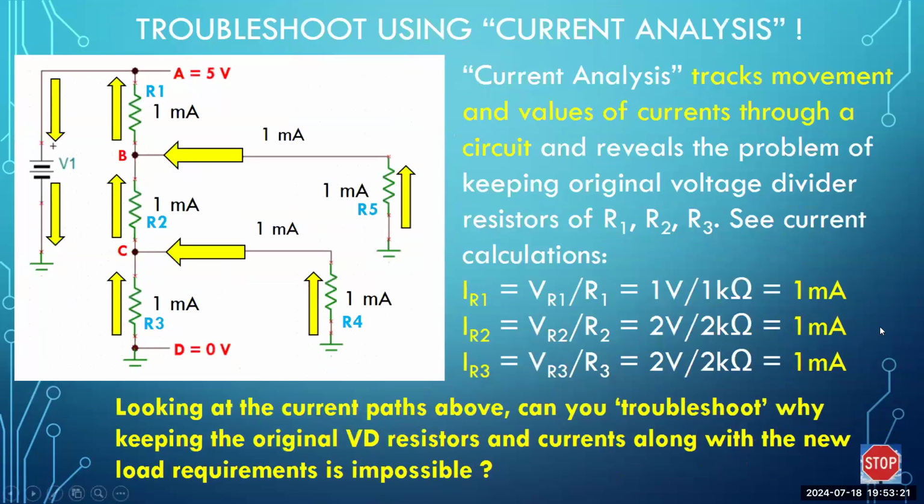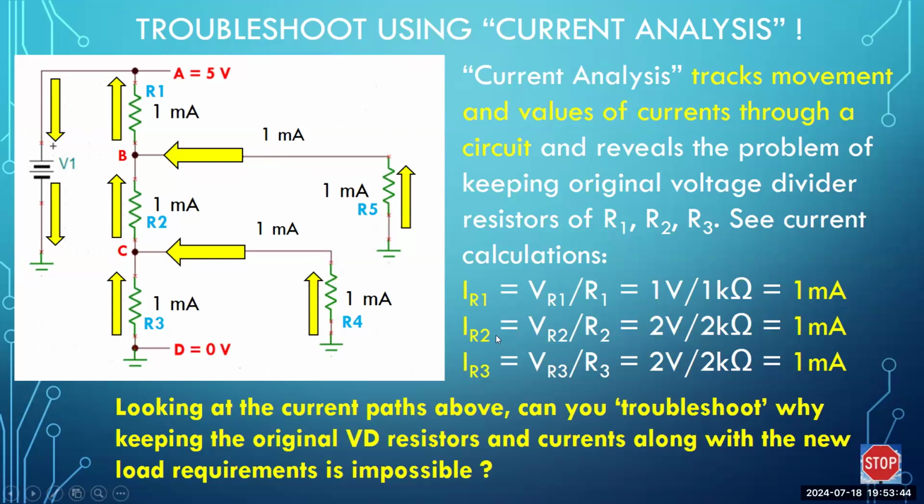However, if we go to do the math, let's take a look at the values of current. The current through R1 is going to be the 1 volt across R1 originally, and the 1 k ohm that we figured would be the appropriate design for the resistance. That calculates to be 1 milliamp, Ohm's law.